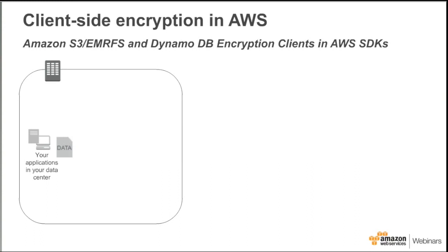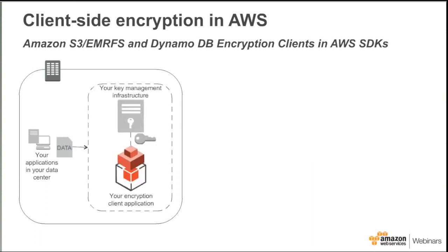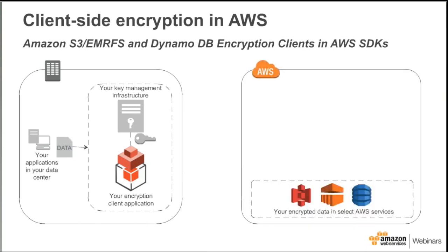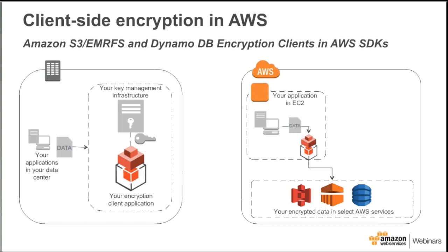Let's say you're starting with applications inside your own data center, on premises, outside of the cloud. You submit that data to a set of code, and these are toolkits that we provide inside our SDKs. But you are still providing the key, which is the gray material. All we're doing is providing the code that both encrypts the data as well as submits the data to the AWS service.